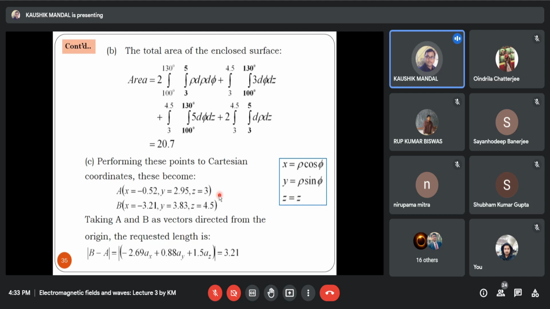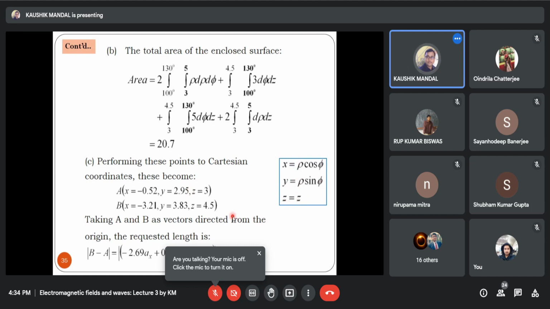So for the first cylinder, you find A using these values of rho, phi and z. In the problem it is given z equal to 3, phi equal to most probably 130 degrees, and rho is given. So using the values of rho, phi and z, first you find x, y, z for one cylinder.